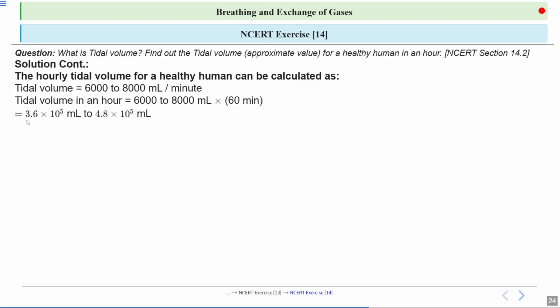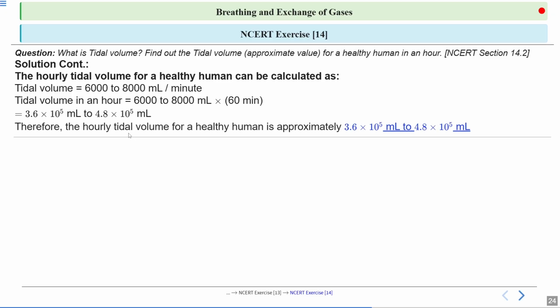So it will be 3.6 into 10 to the power 5 to 4.8 into 10 to the power 5. If you multiply 6,000 by 60 minutes you get the number. Similarly, for 8,000 ml, you will get 4.8 into 10 to the power 5 ml.